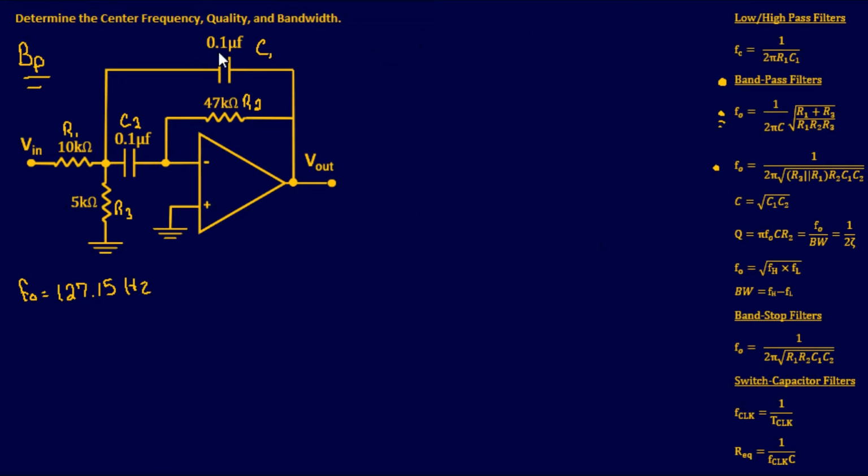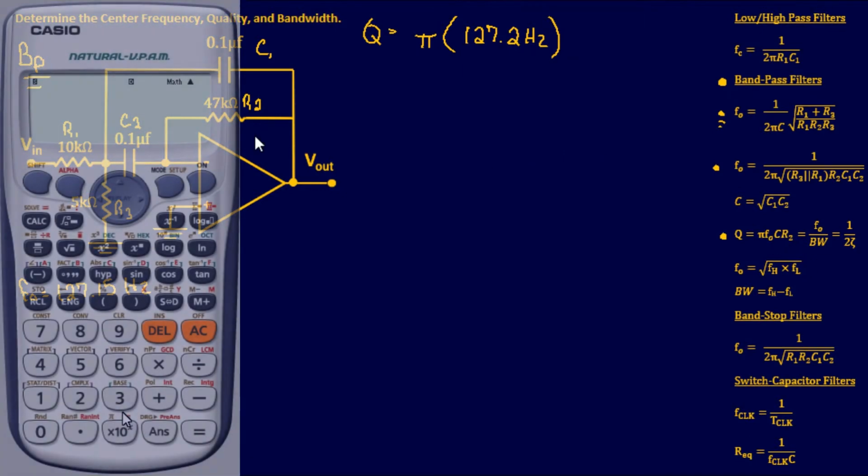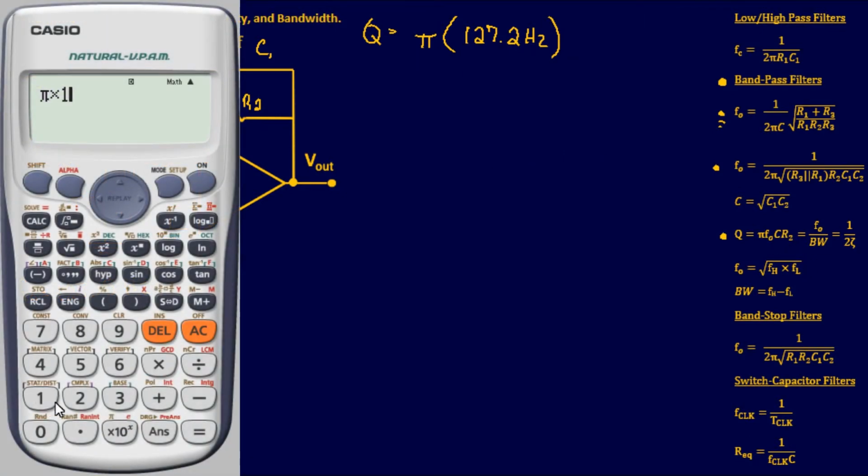Now I want to find my quality. Quality is determined by Q, and looking down here, I'm going to use that equation right there, which means it's going to be pi times my center frequency, 127.2 hertz, I'll just round, times C, which we just determined is 0.1 microfarads since these are both the same, and then times R2.